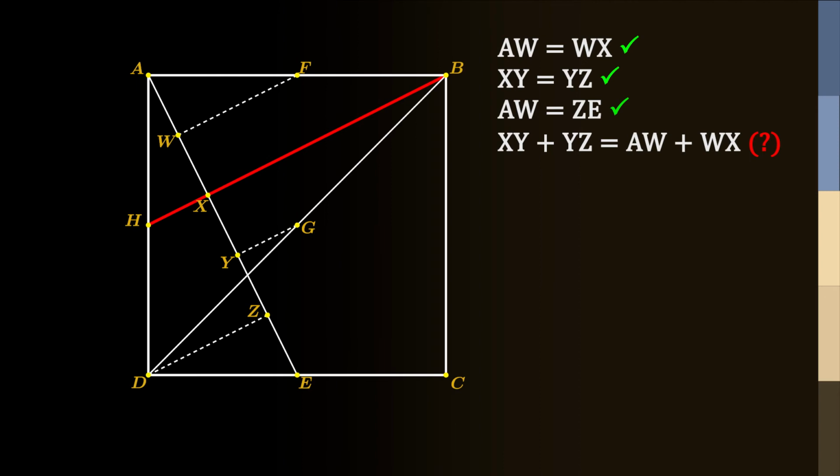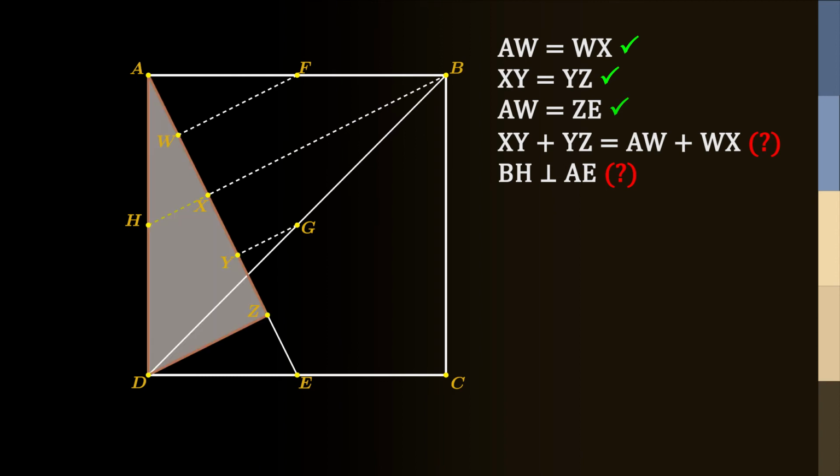Let's for the moment assume BH is perpendicular on AE. Later on we will come back and prove that is actually the case. In that case, we will consider the triangle ADZ. HX is a mid-parallel of that triangle because, first of all, H is midpoint of AD, and secondly, HX is parallel to the triangle side DZ.